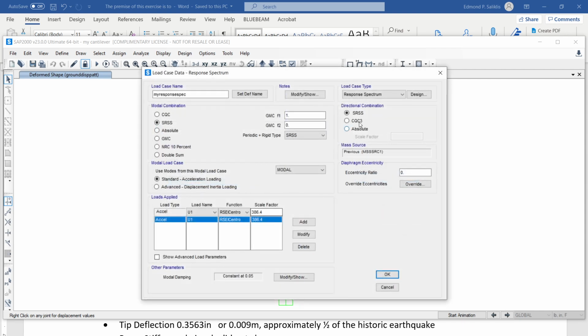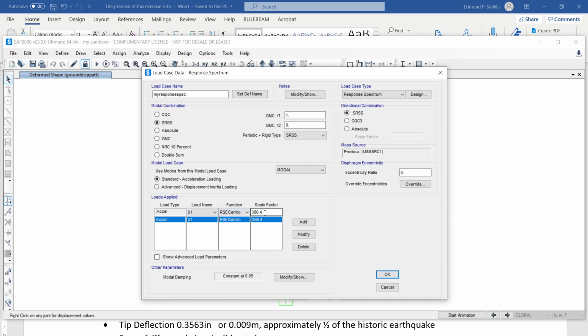And what we're looking at here is a response spectra load case. You can use different combinations. This is square root of the sum of the squares. I don't think that matters at all versus a quadratic combination. But please use the acceleration as U1 for the response spectrum that you defined, the function.